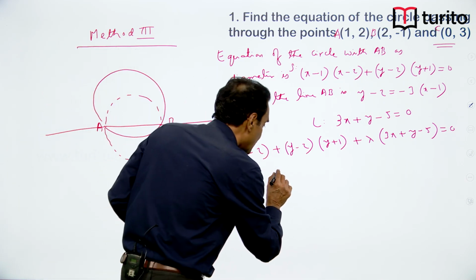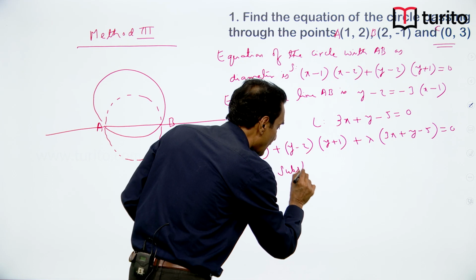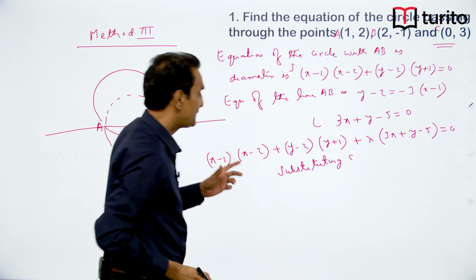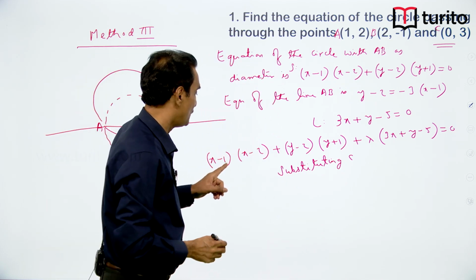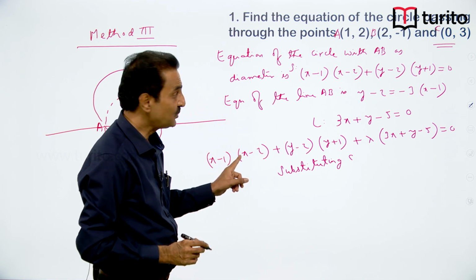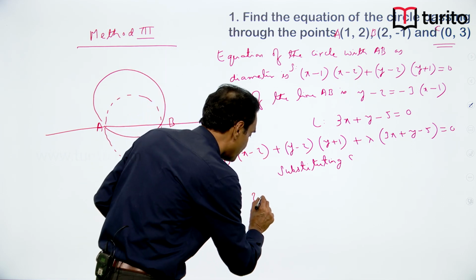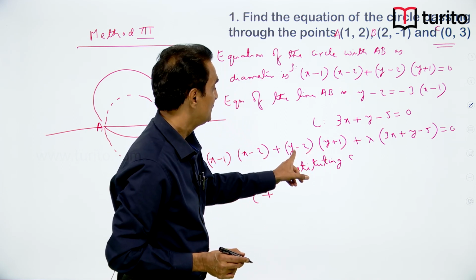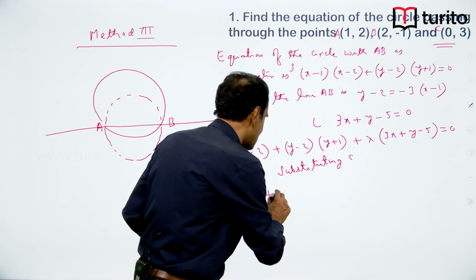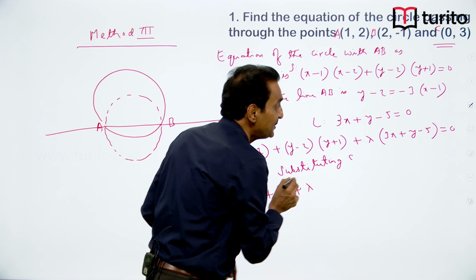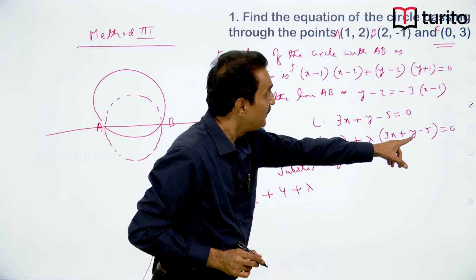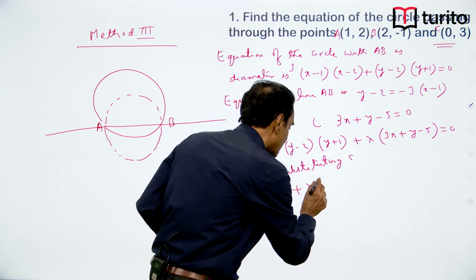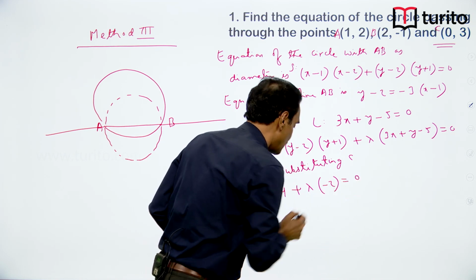So, substituting C, (0 minus 1)(0 minus 2), it is 2, plus (3 minus 2)(3 plus 1), 3 minus 2 is 1, 3 plus 1 is 4, so plus 4, plus lambda into (0 plus 3 minus 5), that is minus 2 lambda, is equal to 0.